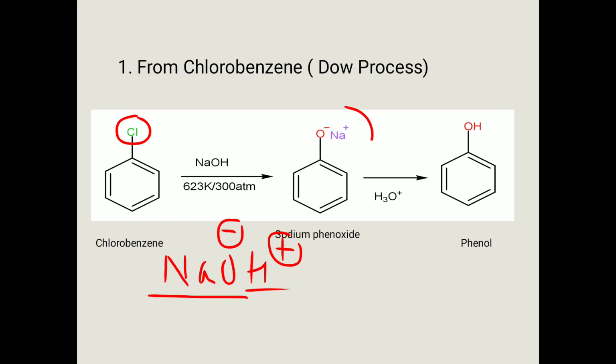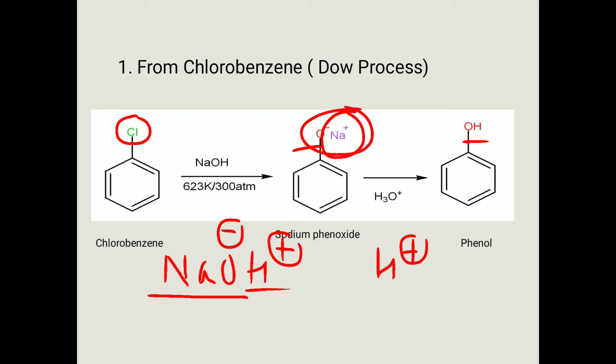ONa comes here, O minus Na plus, and when it is treated with hydronium ion, H plus from hydronium ion combines with O minus to form OH, and Na plus goes out. So that's the product phenol.